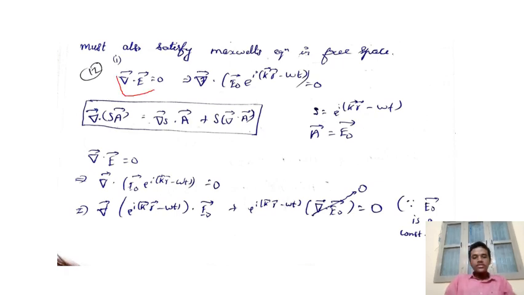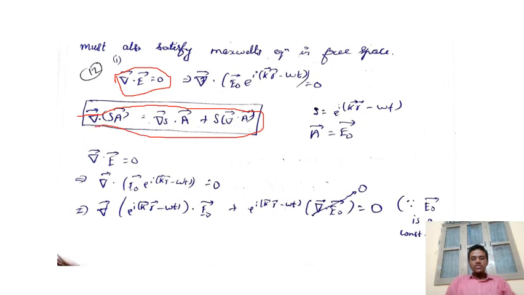According to Maxwell's equation, del dot E, that is divergence of E, is equal to 0 in free space, which implies divergence of E₀ e^(i(k̄·r̄ − ωt)) is equal to 0. We apply this formula relation to derive some important results.